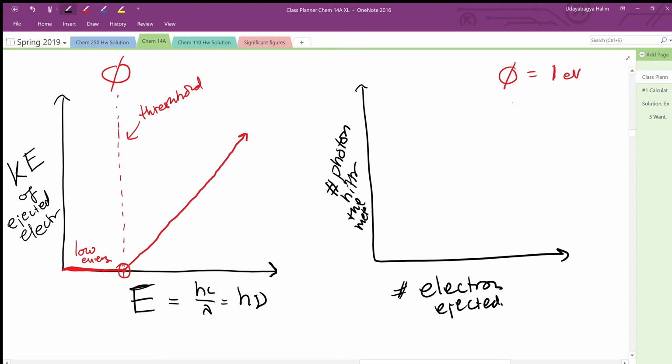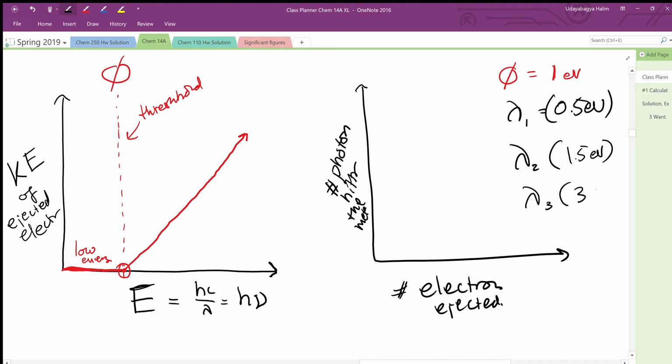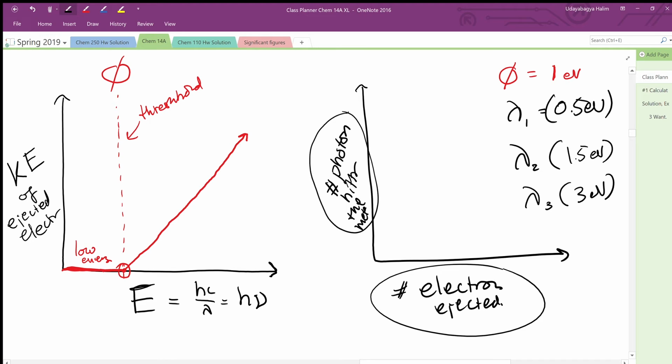Wavelength 1 has an energy of 0.5 electron volts. Wavelength 2 has an energy of 1.5 electron volts, and wavelength 3 has an energy of 3 electron volts. What would the number of photons hitting the surface of the metal versus the number of electrons ejected look like?